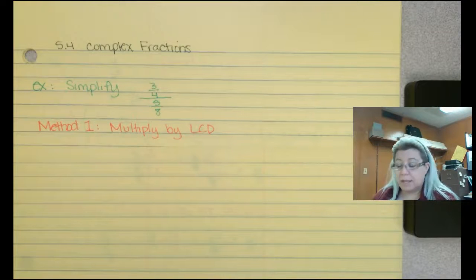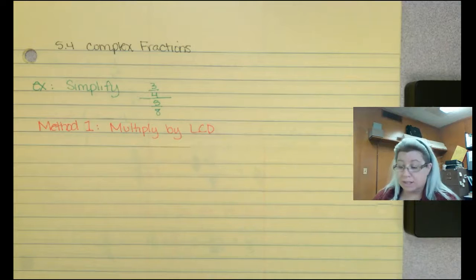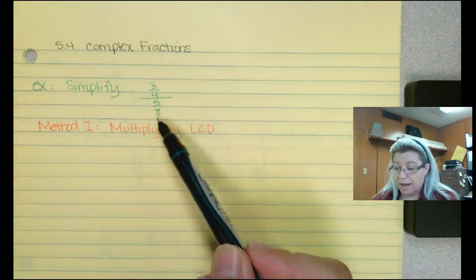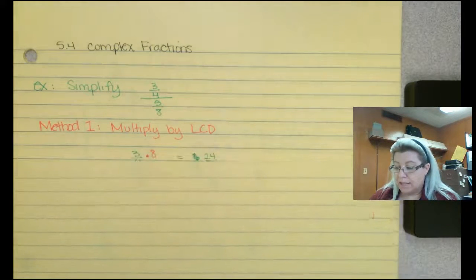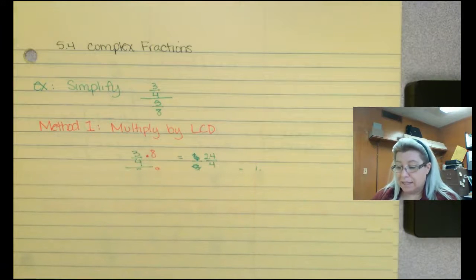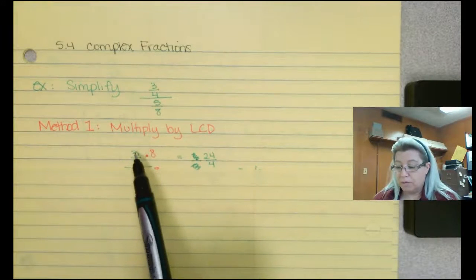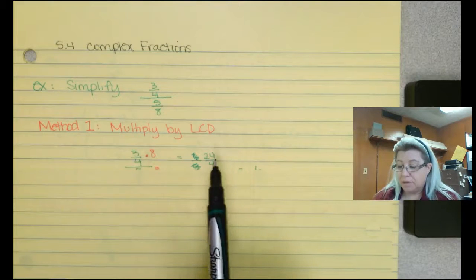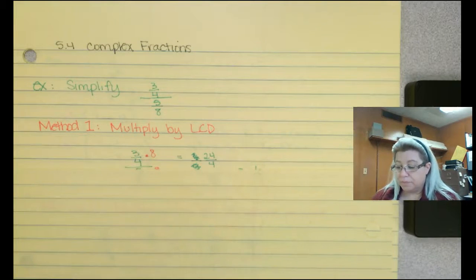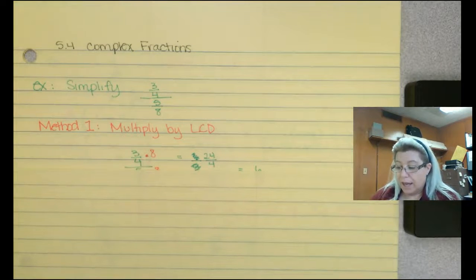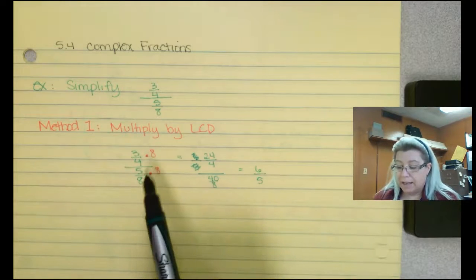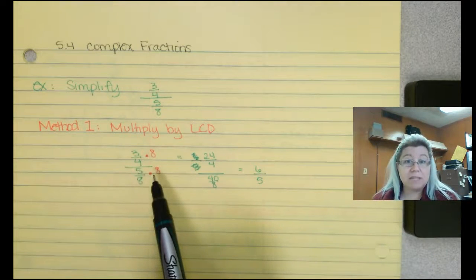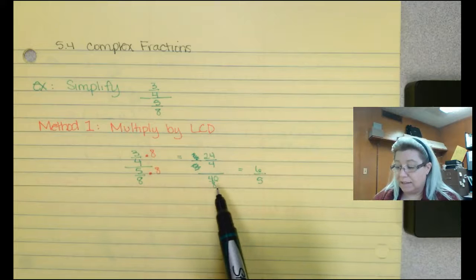One is to multiply by the LCD of both fractions, the LCD of 4 and 8. The LCD of 4 and 8 is 8, so we multiply the numerator, 3/4, by 8. That gives us 24 over 4. And the denominator by 8, 5/8 times 8 is 48.